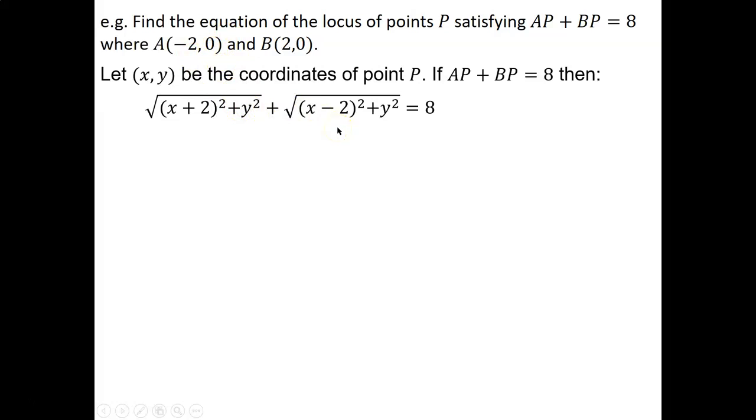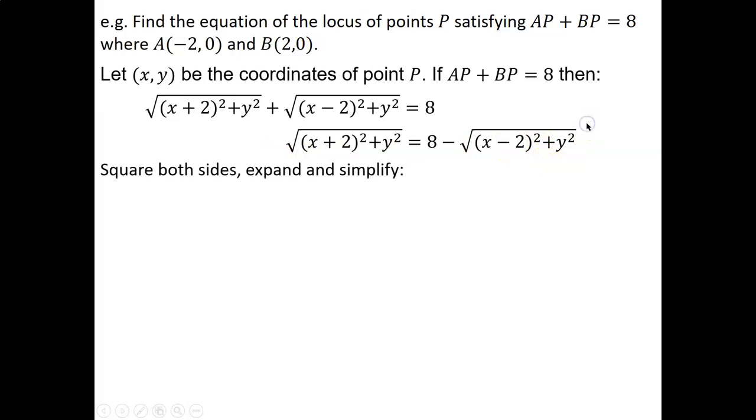Now, previously we squared both sides, but that's not going to make things any easier for us here. So I'm going to add another step in. I'm going to subtract one of them. It doesn't actually matter which one. So I have this. Now I'm going to square both sides.